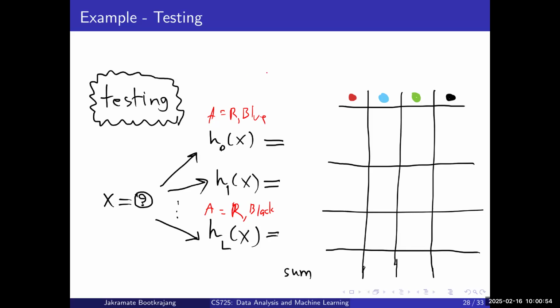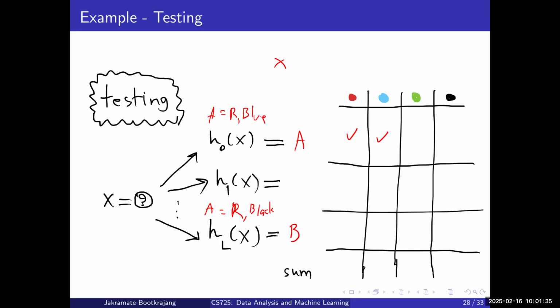So let's suppose we have a new example, right? We have a new example X. And H0 predicts A, that this one belongs to group A. And H1 predicts group B. What would be the final result? So when the first classifier predicts group A, we have to look at what is inside group A, right? In group A, we have red and blue. So H0 is going to vote for red and blue. Right?